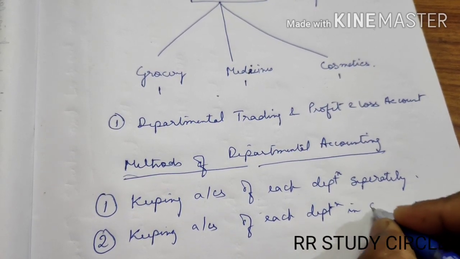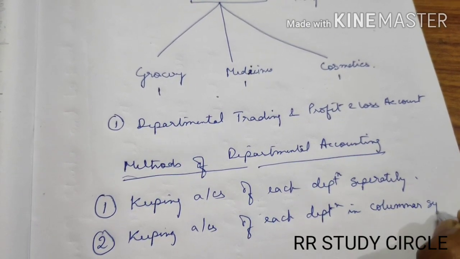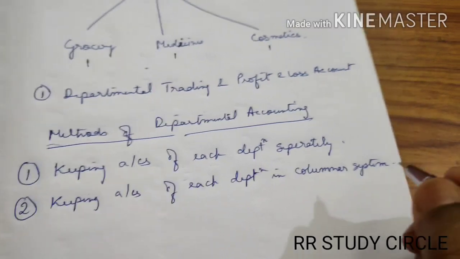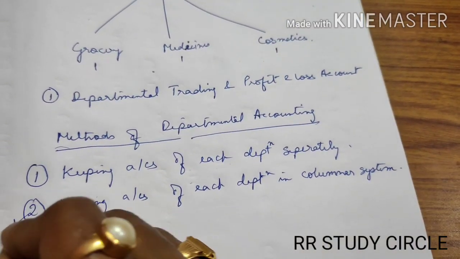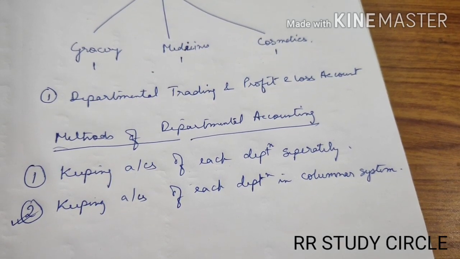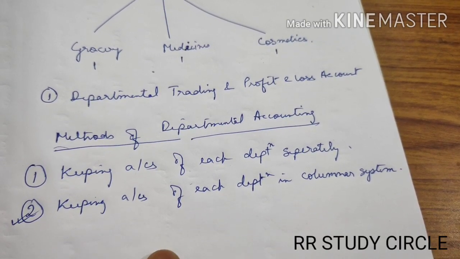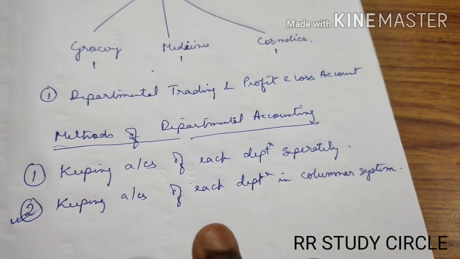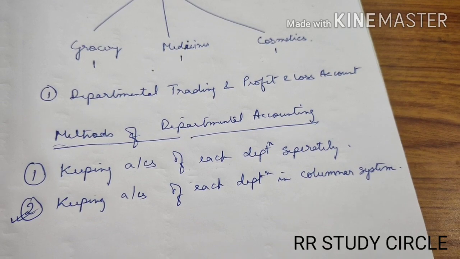Basically in your examinations this particular method is followed. Questions are basically asked from this method, and we will also discuss how departmental trading and profit and loss account is kept in columnar system. Clear?